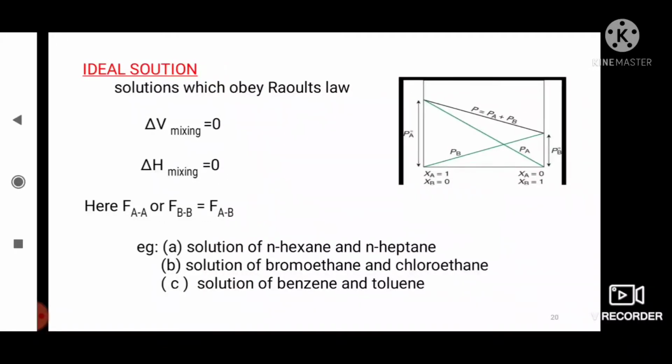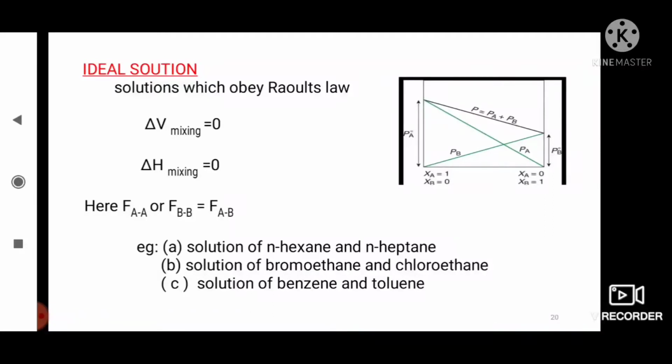Truly ideal solutions do not exist because there will be at least some difference in these characters of the components of any solution. However, a number of solutions whose components are quite similar in their structure and polarity may be considered ideal for practical purposes.